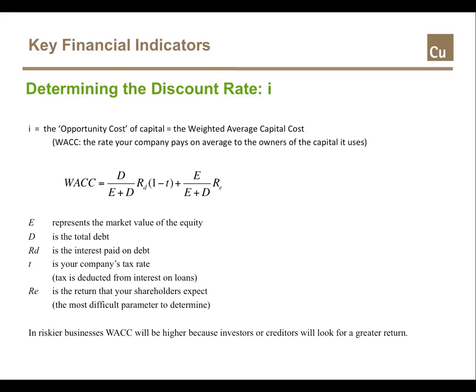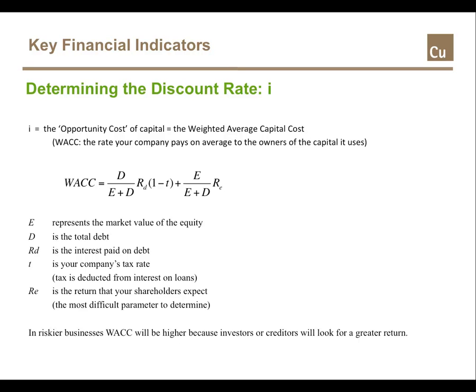Many specialists agree that the real discount rate should reflect the investor's opportunity cost of capital. Capital employed to make an investment in energy efficiency measures does not come for free. Either it's borrowed capital, debt, or it's owned capital, equity. Both debtors and shareholders will expect a certain return from their money, and that return is the opportunity cost of capital.